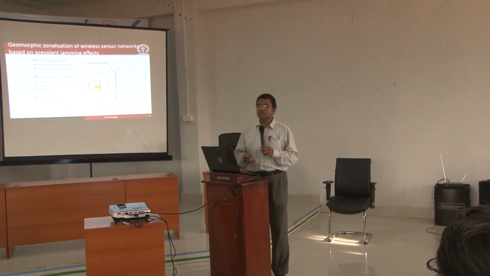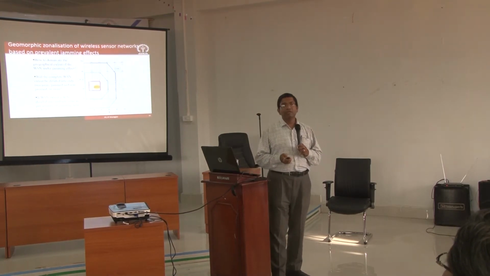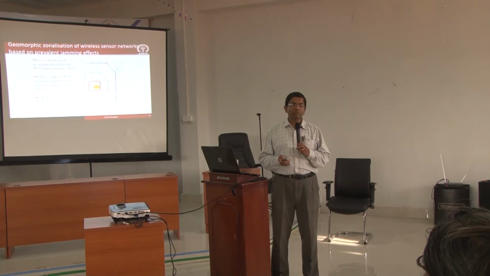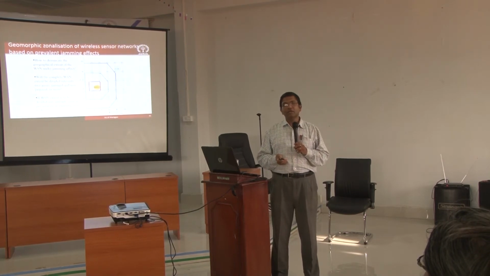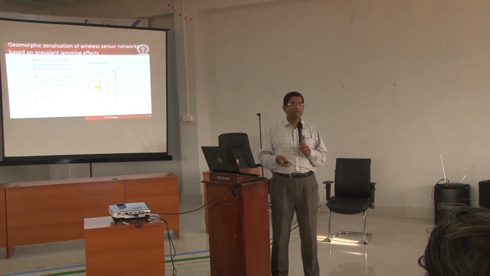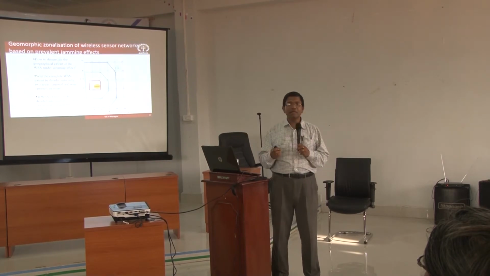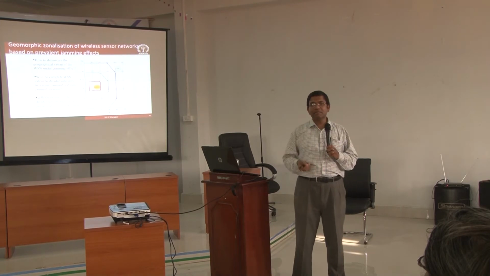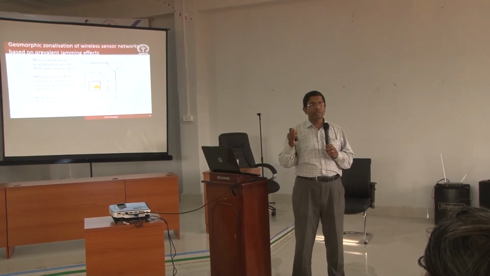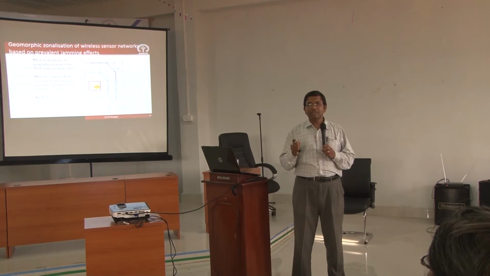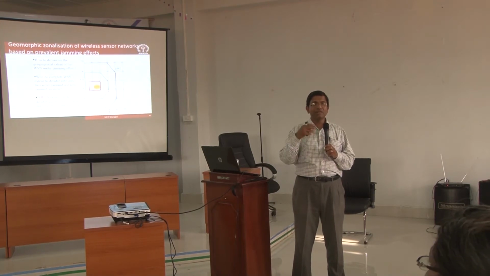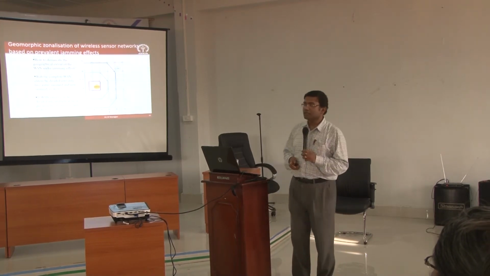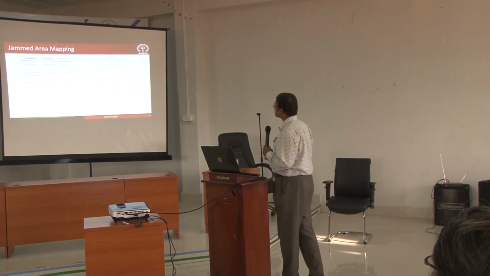So we came up with solutions, first of all, to detect whether there is any jamming style attack going on in the network, and thereafter to localize which region is already jammed, and then the intensity of the jamming. This localization basically segments the region that is being jammed into different parts based on the severity of jamming that the region is experiencing.